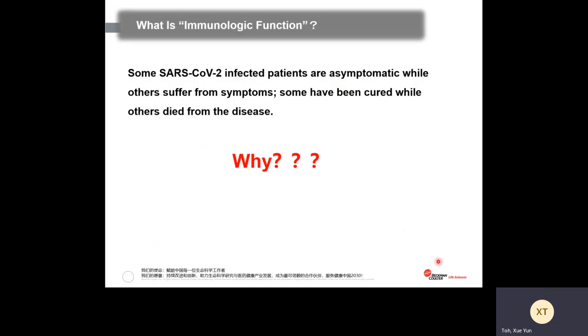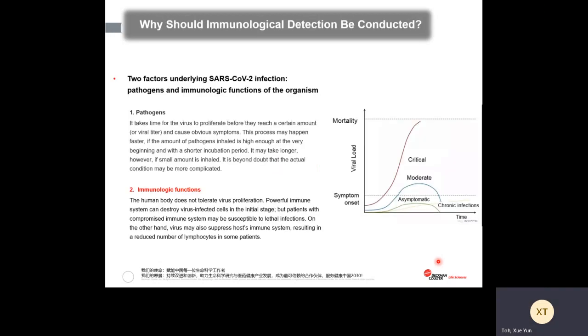Have you wondered why some SARS-CoV-2 infected patients are symptomatic, whereas some are asymptomatic, and why some develop severe disease while some are mild or recover quickly? We have to look into two main underlying factors that contribute to the infection: the pathogen itself and our immunologic function.